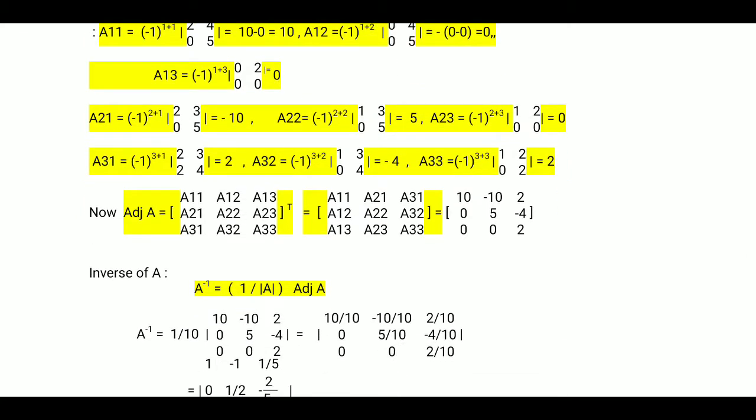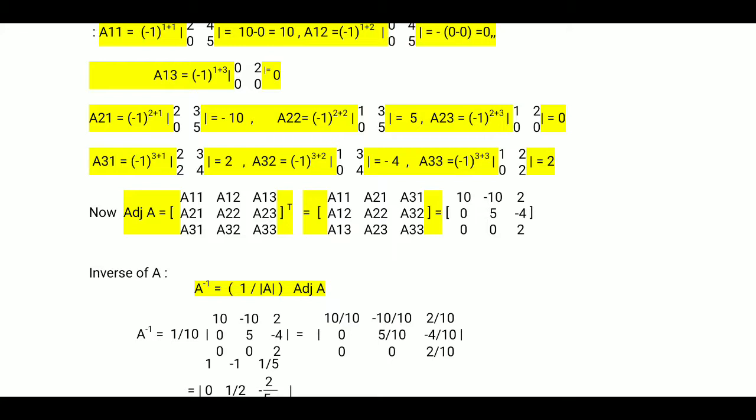Now come to the inverse. The definition of the inverse is equal to 1 upon determinant A multiplied by adjoint A. Meaning adjoint A is divided by the determinant value of A. Here the determinant value is 10 from above, and adjoint A is obtained by the above method, that is 10, minus 10, 2, 0, 5, minus 4, 0, 0, 2.